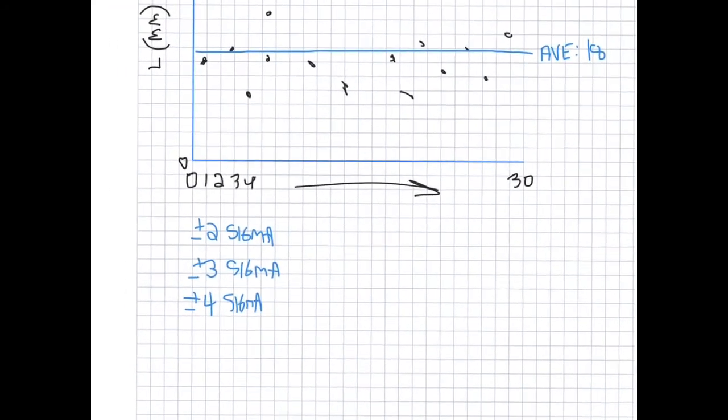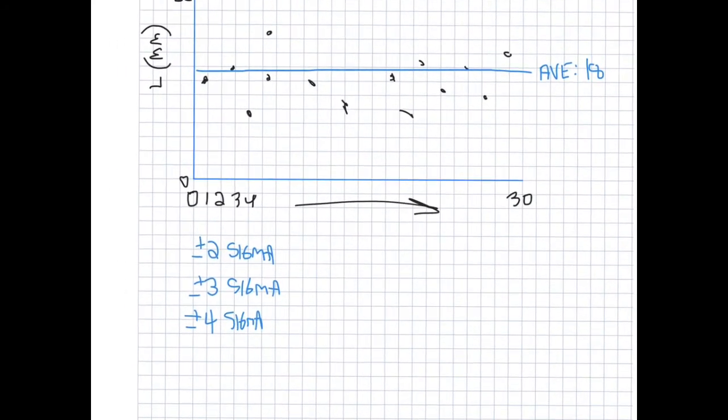Now, what am I talking about for that? For plus or minus 2 sigma, that's 2 times the standard deviation. Now, the standard deviation I said was 2, so my plus or minus 2 sigma would be plus or minus 4 millimeters.